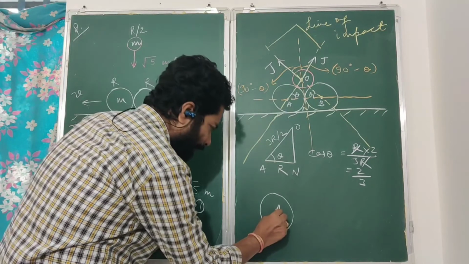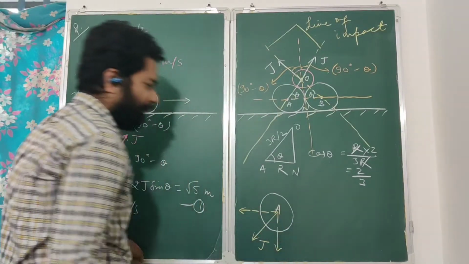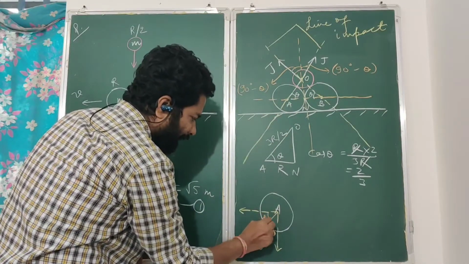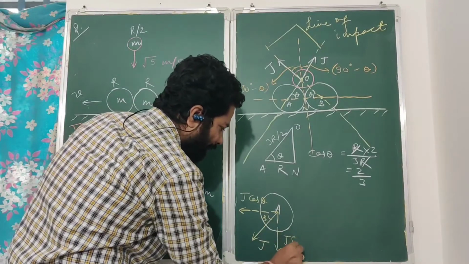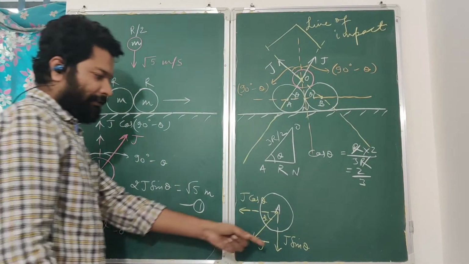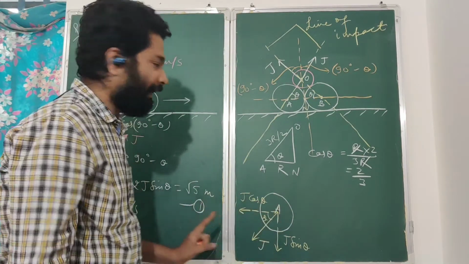J can be broken down into two components, one in the horizontal and one in the vertical direction. You can see this angle is theta, so this angle will also be theta. So this component will become J cos theta, and this component will be J sin theta. We are not concerned with the vertical component of this ball, only with the horizontal component. Why?